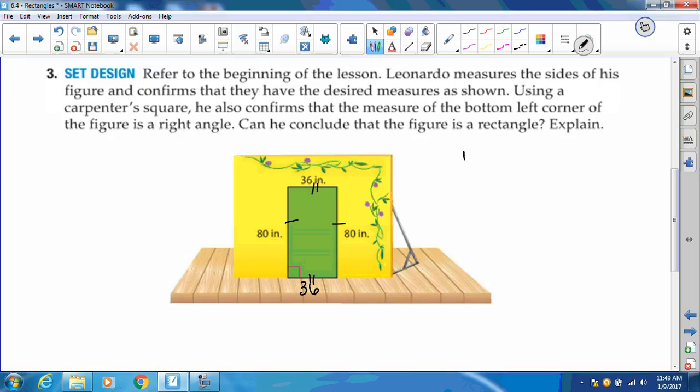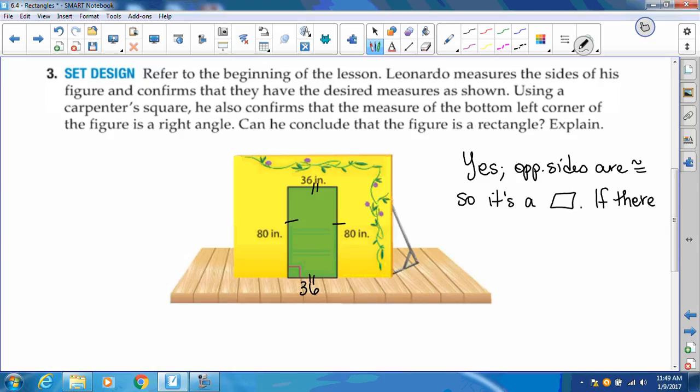And the answer is yes, because we know that opposite sides are congruent. So that means it's a parallelogram. We'll just use the symbol for that. And then if there is one right angle, then it has four right angles.